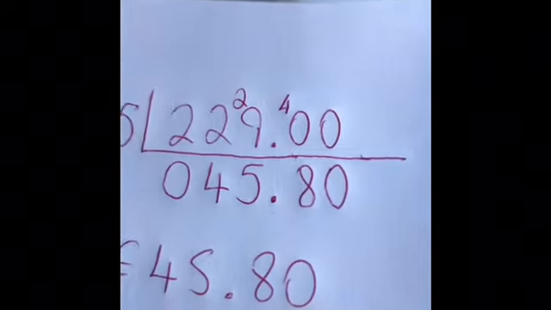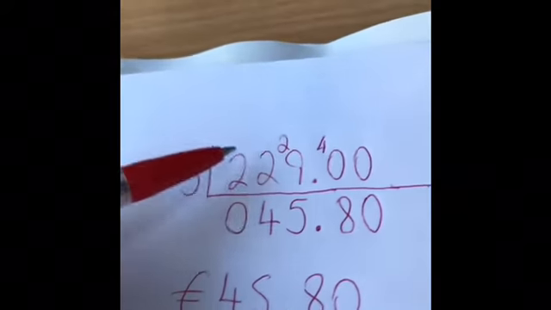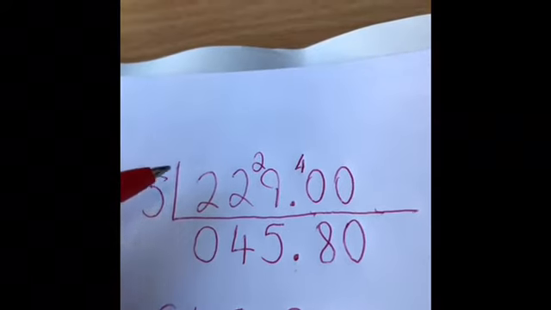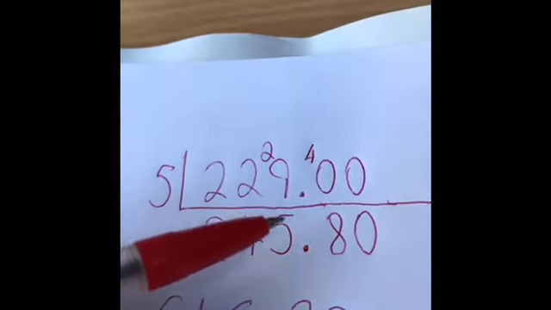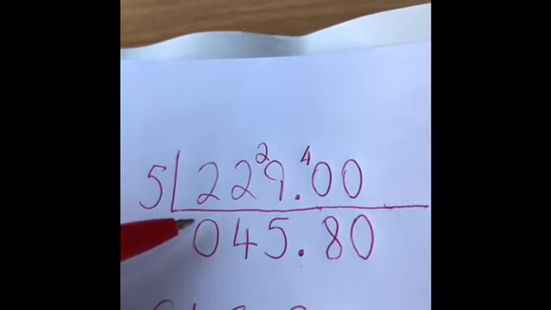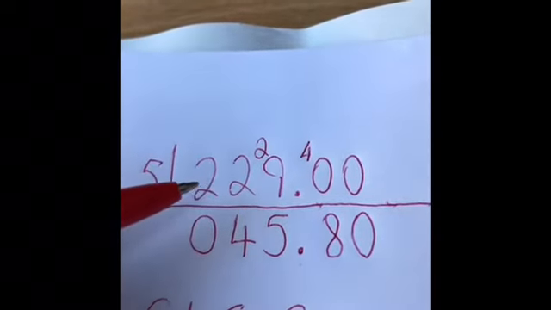So looking over here, I have my sum done out. We have our €229 divided by 5. So I write it out like a short division sum. And you go 5 into 2, doesn't go, so 0 times. So instead we take our first two numbers, the 22.